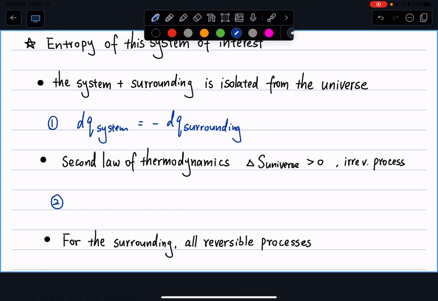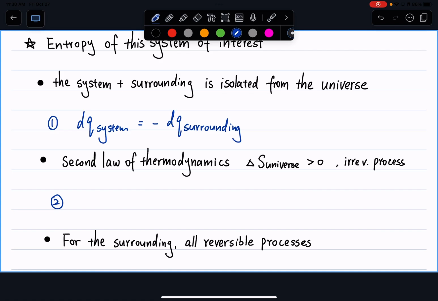It's isolated from the rest of the universe, and your heat transfer is an in and out process, so these two are equal but of different sign. And using our second law of thermodynamics, your change of entropy will be a positive number as long as there is an irreversible process taking place.